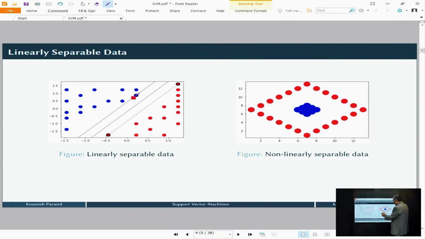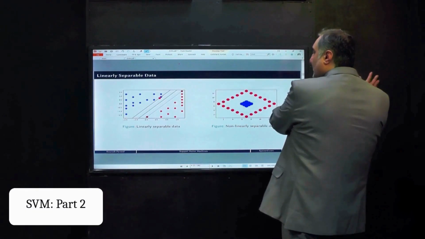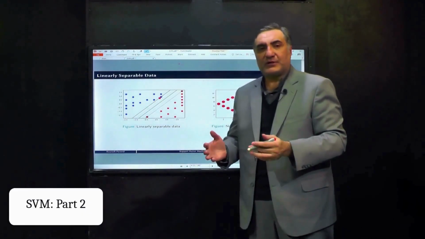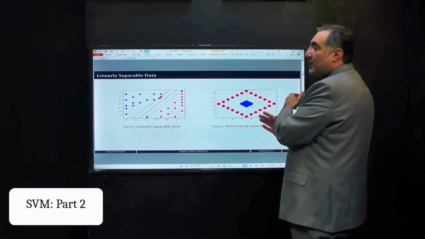But in this diagram that you see here, this shape is not linearly separable. This is about nonlinear data separability, which you'll see in the upcoming sessions. When I talk about the kernel domain, I map this space to another space. I will do that, and you'll see that in that case, they become linearly separable.